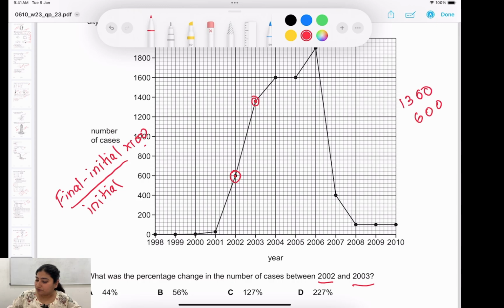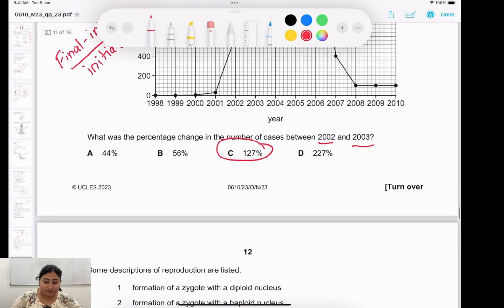So the answer that you're going to get is 126.66. Okay, so just to round it off, the answer that you're going to get here is 127. So the suitable option here would be 127. So this is your answer.